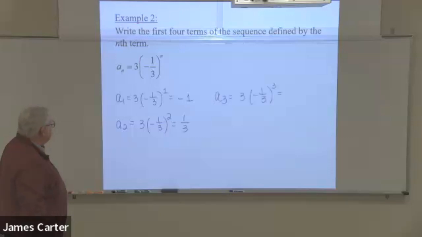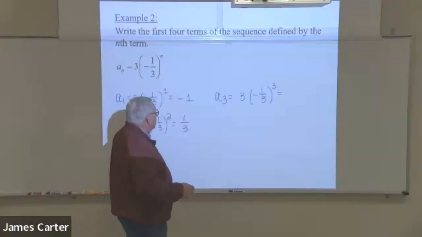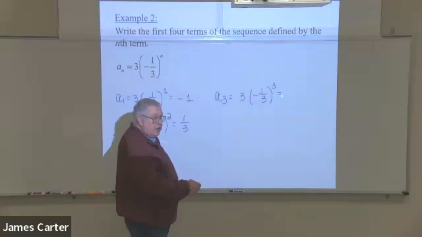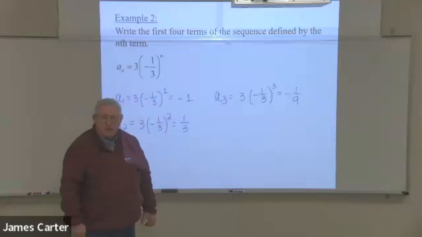Okay, now for the third term, the value of the third term will be this business to that. Well, negative 1/3 to the third is negative 1/27. They're not going to show that, but you might want to. Negative 1/27. And then 3 times negative 1/27 reduces to negative 1/9.